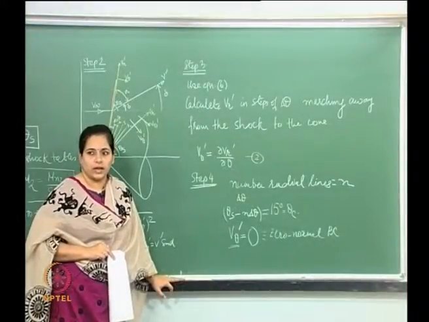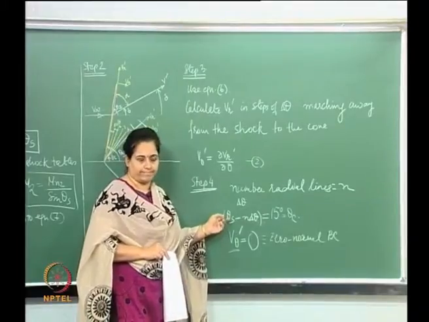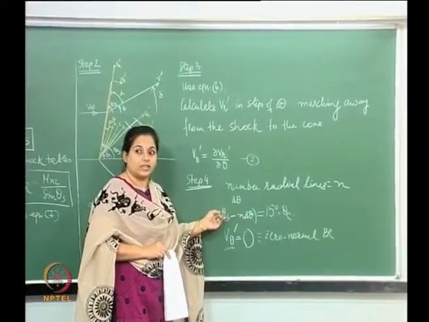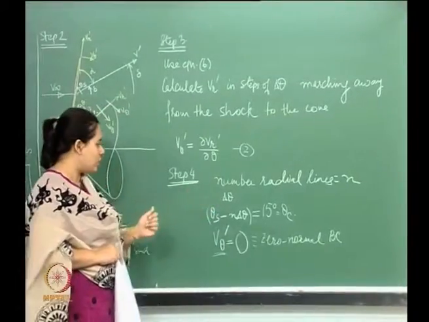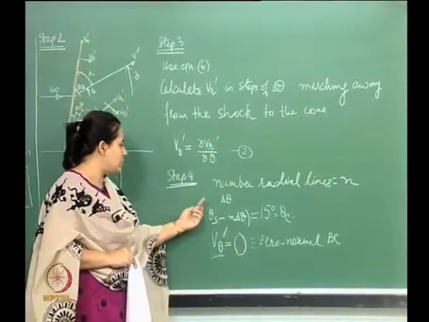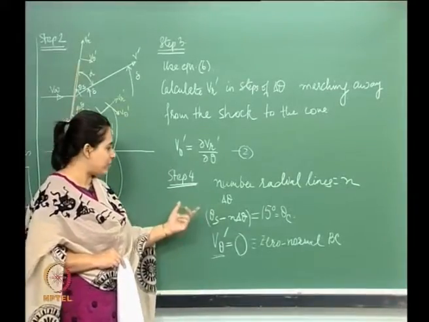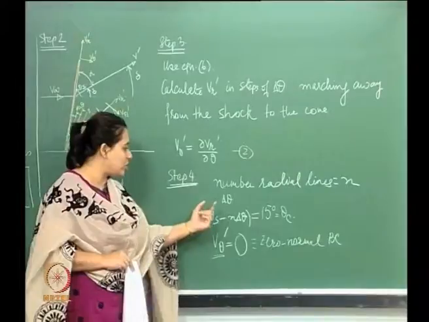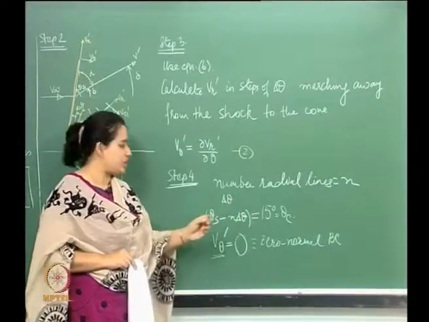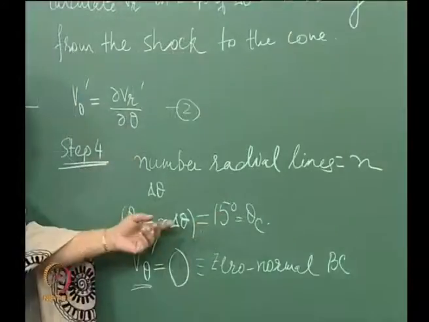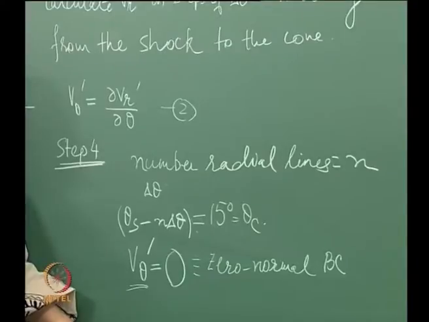The reason for the error is that I have assumed theta s. For the given Mach number, I had assumed a theta s. So what I have to do is to reassume this, redo this in a better fashion, so that I get close to this 15 degrees as well as this theta s minus n delta theta corresponding to v theta dash equal to 0.